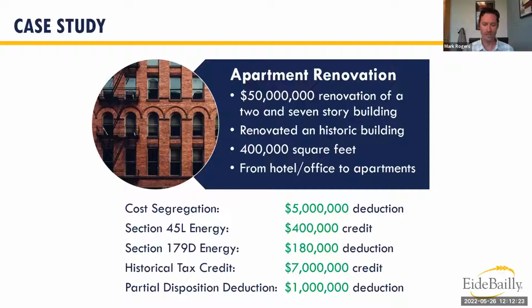We're not going to be talking about historical tax credits, but if you have really old buildings, it's something to look into at the same time. And then the partial disposition deduction of $1 million. So it's important to look at credits and incentives holistically as it applies to your portfolio. And we see movement on projects, this is a $50 million project, but typically from $1 million plus.